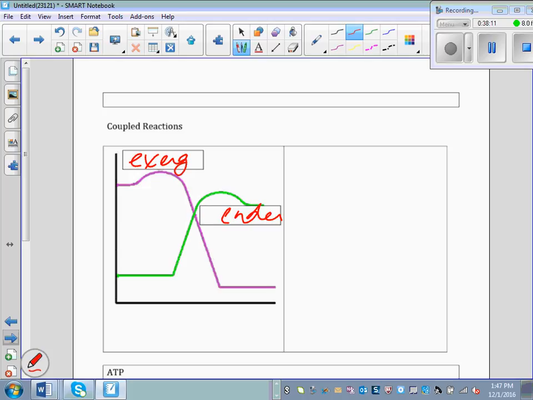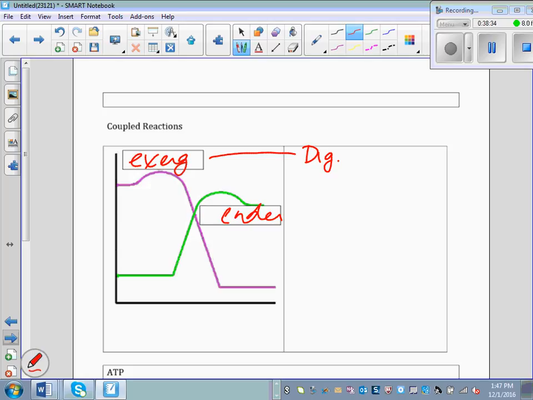So, in a human, what's an exergonic reaction that's going to happen in you? Digestion. I'll use this example first. You are right now digesting polysaccharides, polypeptides, lipids, nucleic acids.